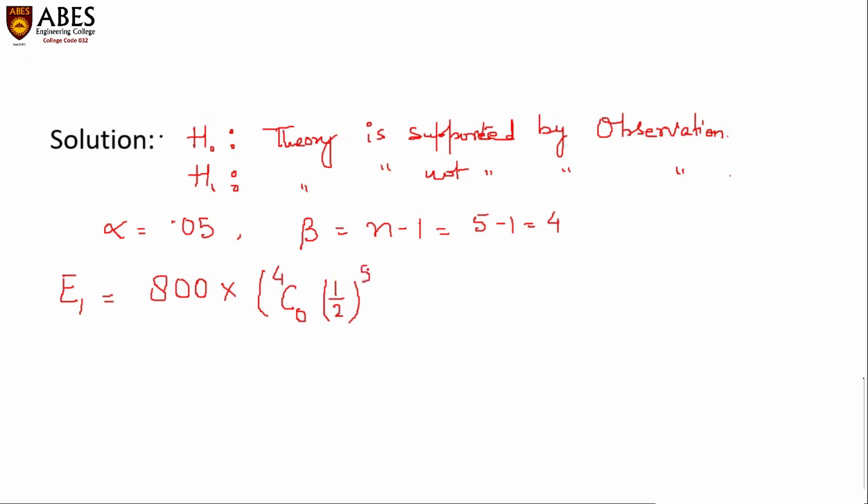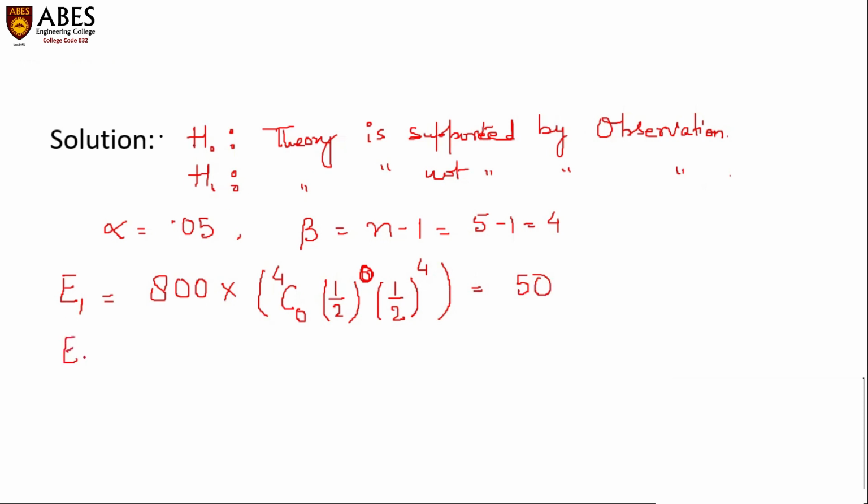That is, the probability for a child to be male is half. So this will be equal to 800 into 4C0, out of 4, 0 are male, where the probability of a male child is half. So half raised to the power 0 into half raised to the power 4 minus 0, which is equal to 4. So when you solve this equation, you get this value is equal to 50.